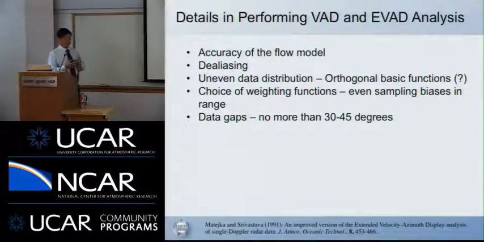However, they are orthogonal only if the data points are evenly distributed. When you have data gaps, technically they are not orthogonal functions anymore. Also, we have a choice of weighting functions. You can assign different weights to different velocities. As I mentioned earlier, for VAD analysis you probably don't want a data gap bigger than 30 to 45 degrees.